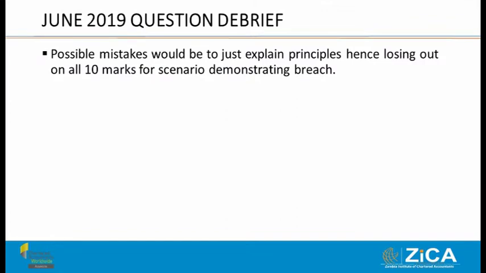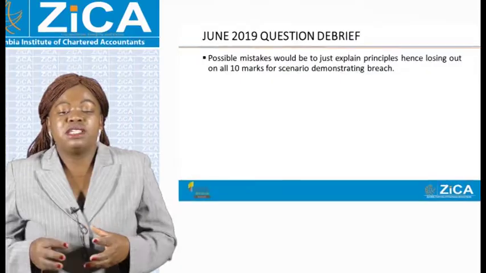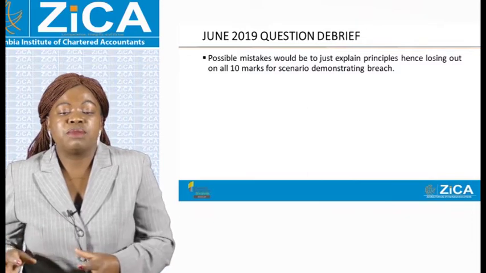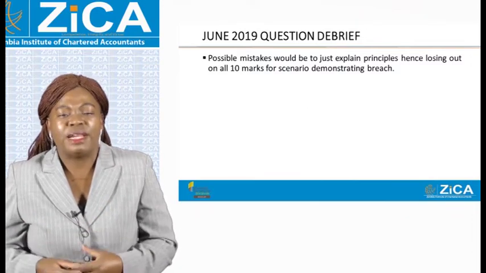Those are practical examples that were supposed to be brought on board on this question for you to achieve the 20 marks. It is not easy to get the 20 marks, and I know that a lot of candidates who sat for this paper did not bring a lot of practical examples, but just explained things generally.